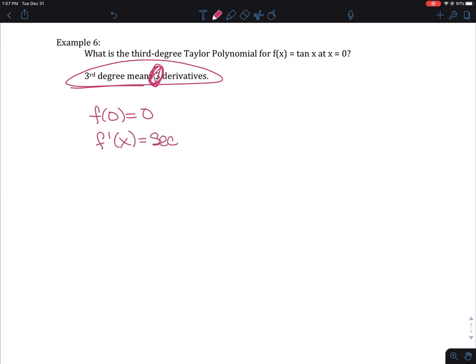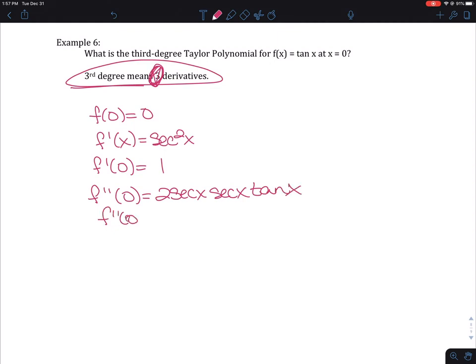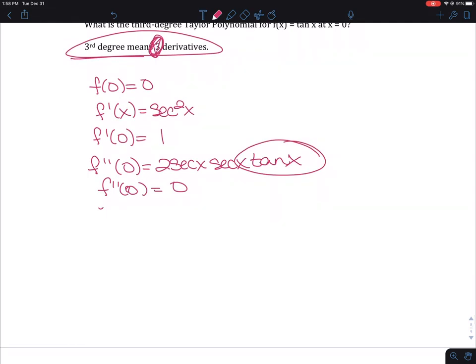Okay. So the derivative of tangent is secant squared, and f prime of 0 is equal to 1. F double prime is a chain rule, so 2 secant x tangent x, and f double prime of 0 is 0 because the tangent of 0 is 0. F triple prime of x is the same thing as 2 secant squared of x tangent of x, so I need to use the product rule.